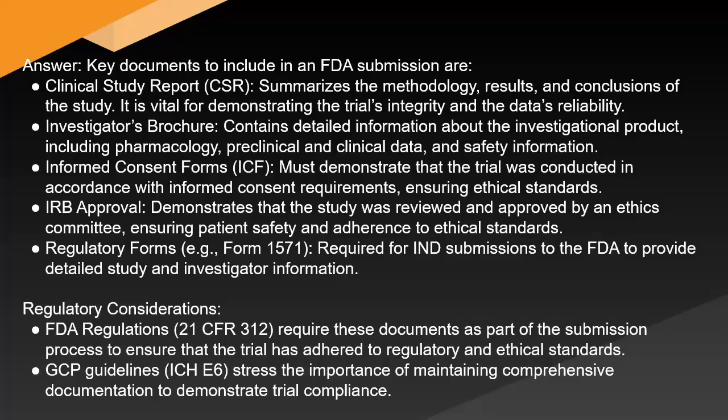Informed consent forms must demonstrate that the trial was conducted in accordance with informed consent requirements, ensuring ethical standards. IRB approval demonstrates that the study was reviewed and approved by an ethics committee, ensuring patient safety and adherence to ethical standards.